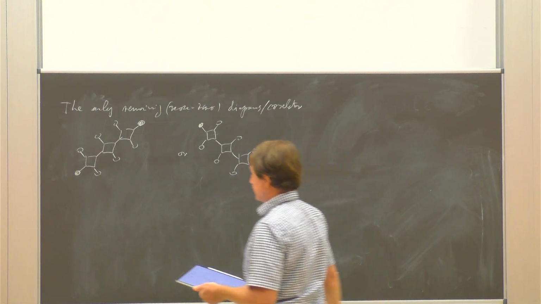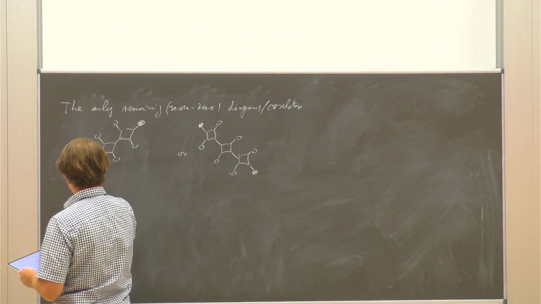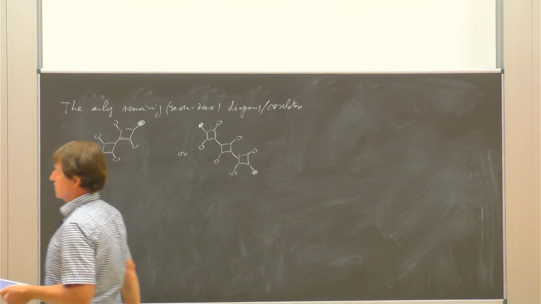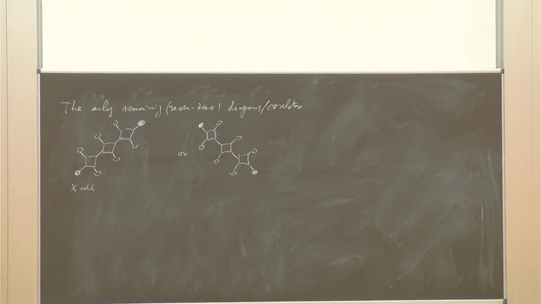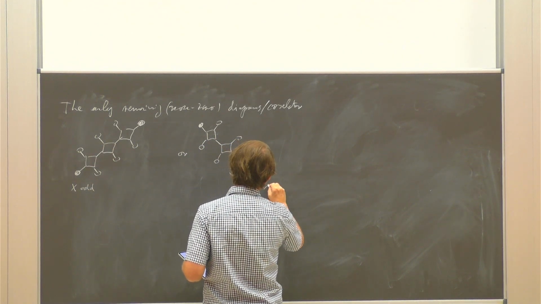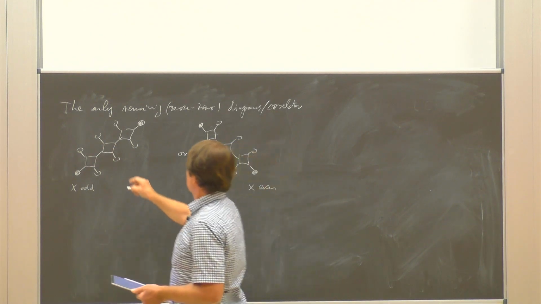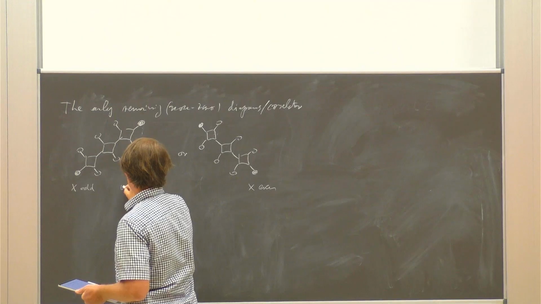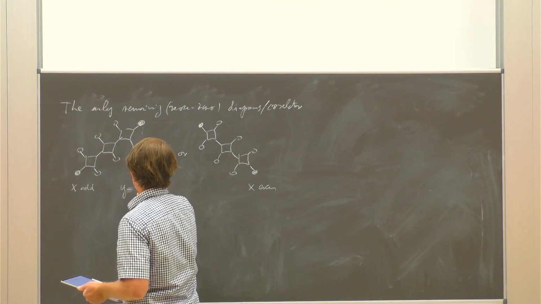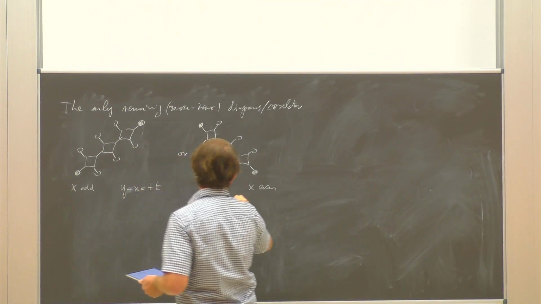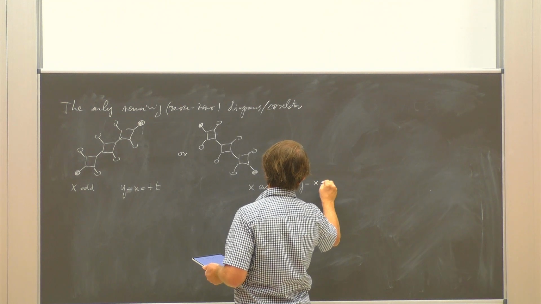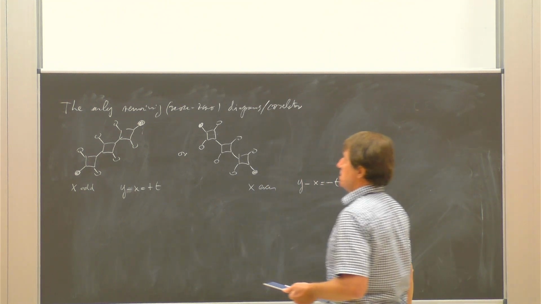In this case x is odd, because you remember how I enumerated sites. This is a staggered brickwork circuit, so these sites were odd, like 1, 3, 5, 7, and these were 2, 4, 6, and so on, even. So this means x odd, and this means x even. In this case this is y, this is y. So in this case, y minus x has to be plus t, and in this case, y minus x has to be minus t. So these are the two light rays.